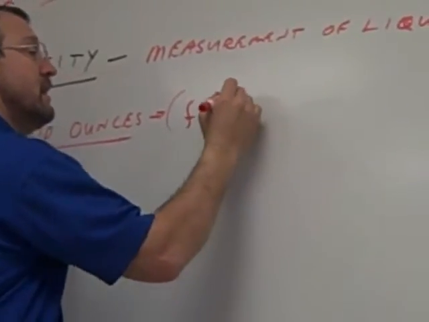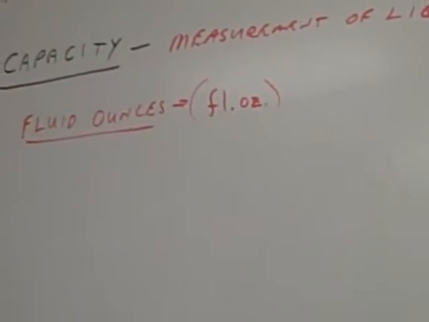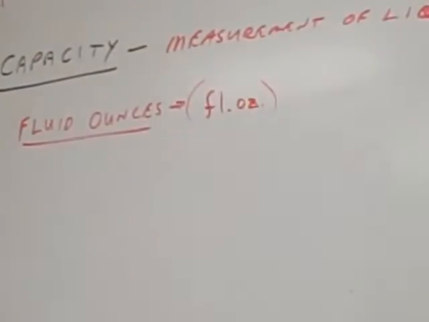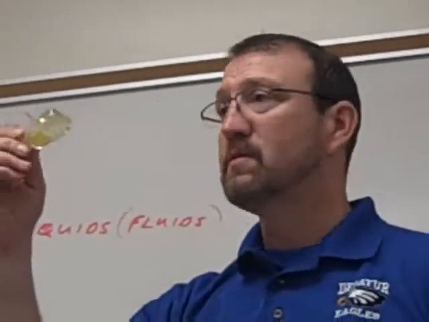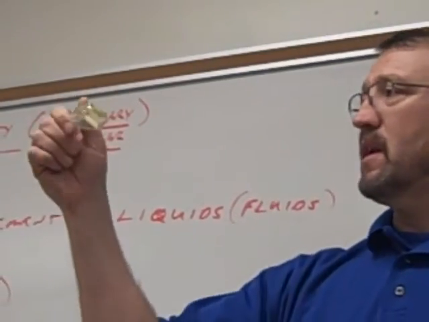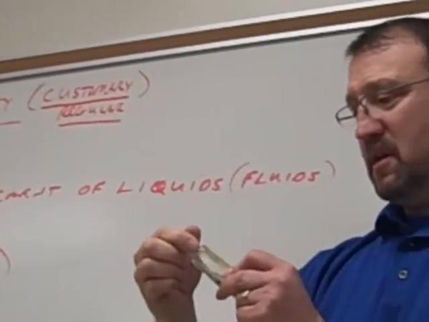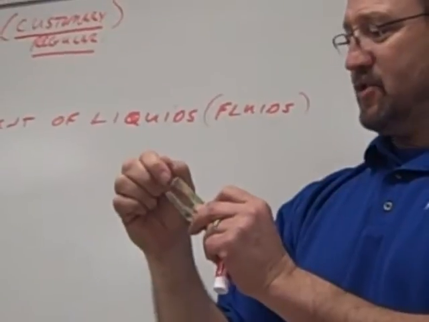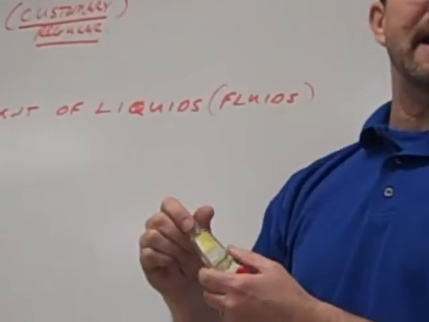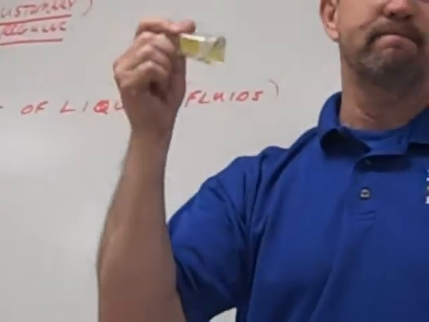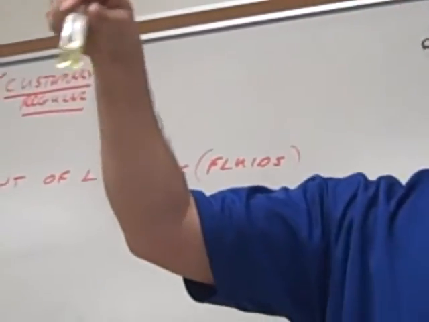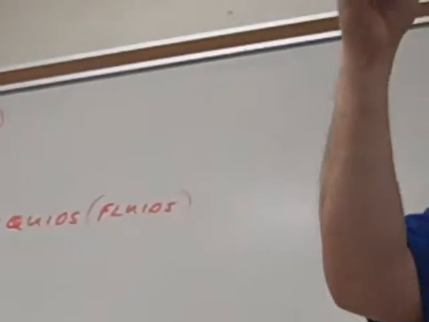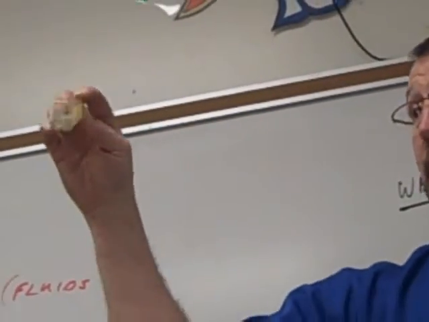F-L-O-Z. This is 1 ounce. Little individual, personalized, deep cleaning, hand gel, pocket pack, antibacterial hand stuff. That's 1 ounce. Got it in your head what it looks like. Just that much liquid is an ounce.